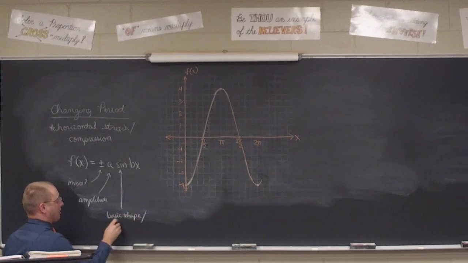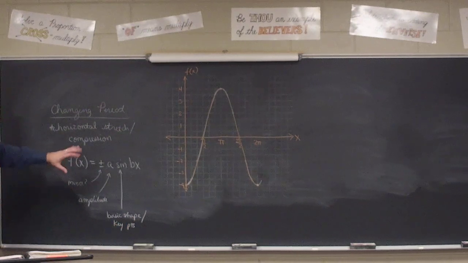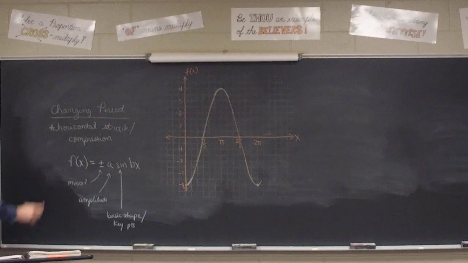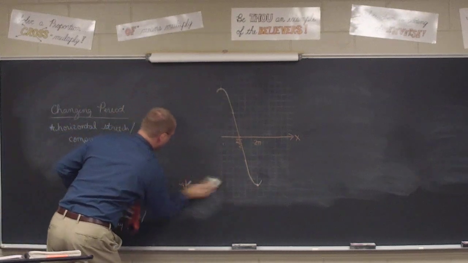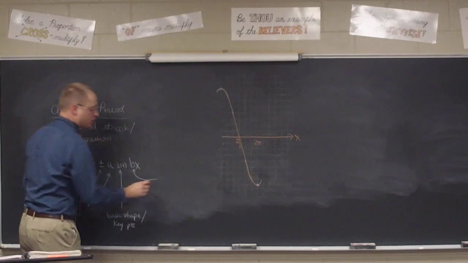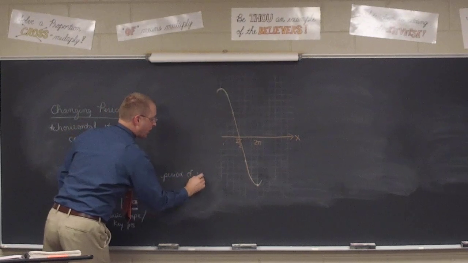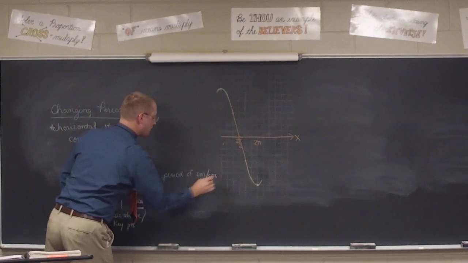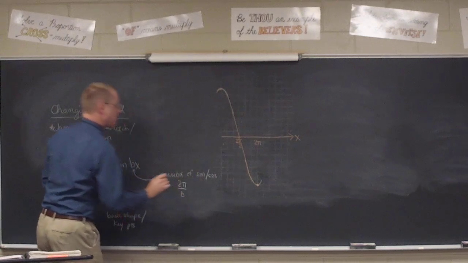And of course, this is where we get our key points from, whatever trig function it is, whether it's sine or cosine. But the b is what we want to address now, and I need to give myself a little bit of room for this. The b is going to change the period, because the period of both sine and cosine is 2 pi over b.